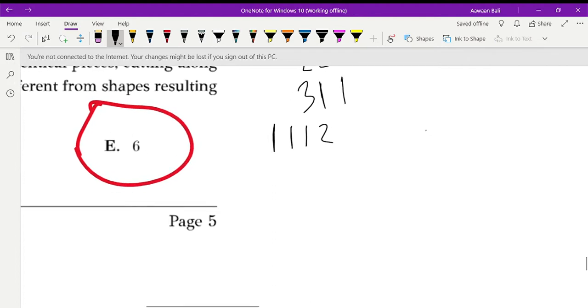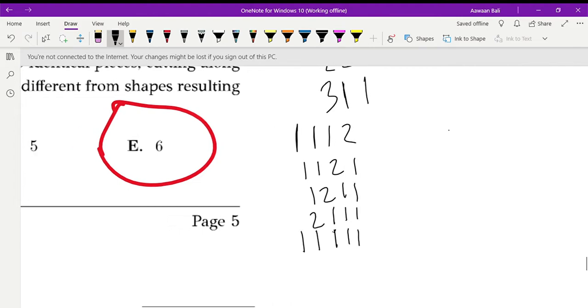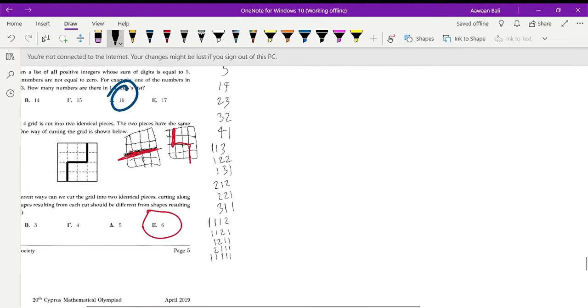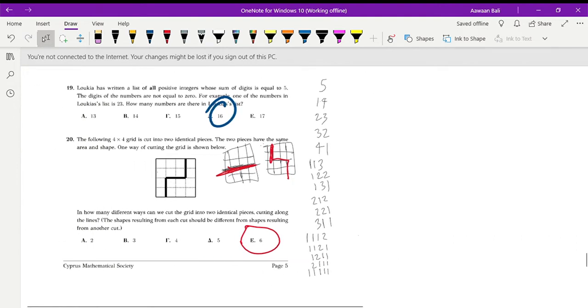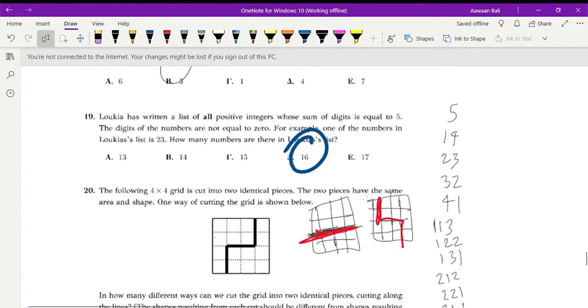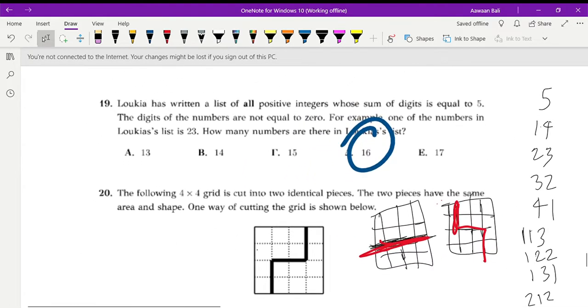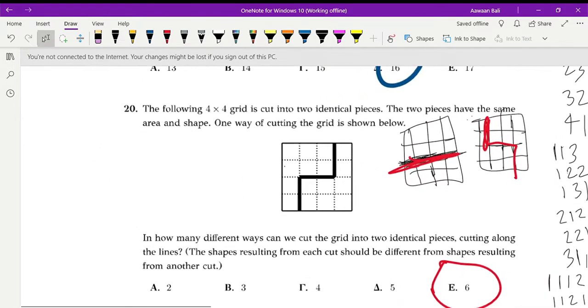And then we can say 1121, then 1211, all the way to 2111, and then the 5-digit number 11111 is basically the last one. So you can count 1, 2, 3, 4, 5, 6, 7, 8, 9, 10, 11, 12, 13, 14, 15, 16. You can pause the video and count it yourself and check all of the numbers, but the answer is delta, 16.